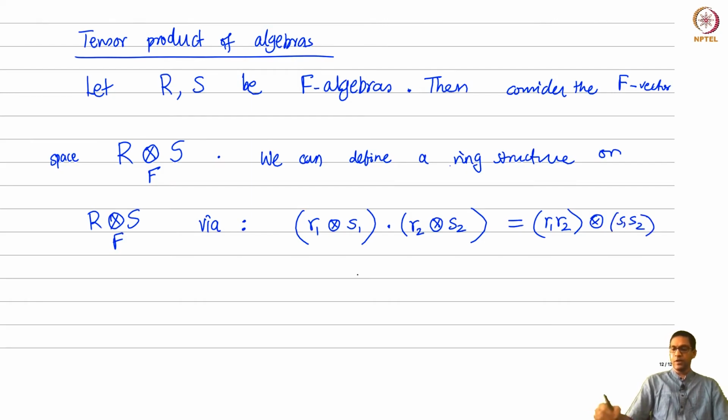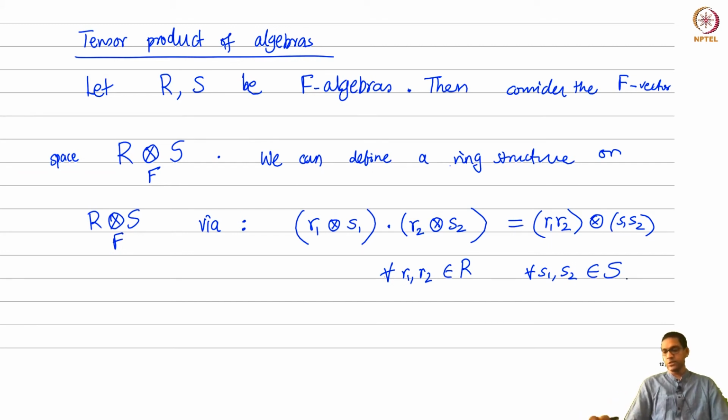Okay, and this is what I want to be true for all R1, R2 in R, S1, S2 in S. But of course, as always, I can't use this as my definition per se, because then I'll have to check well definedness and so on.